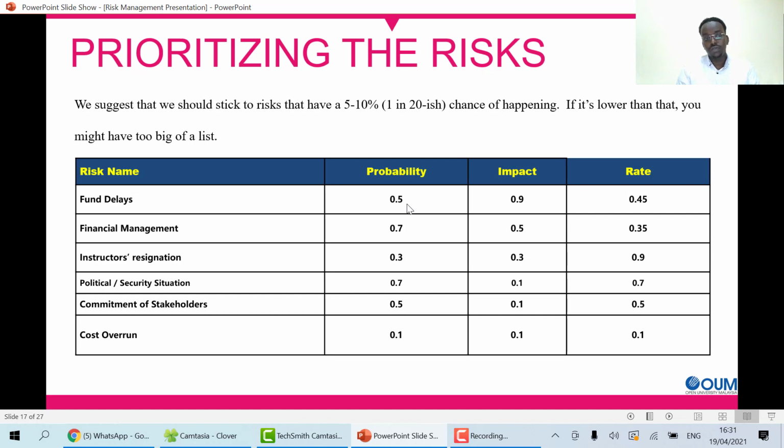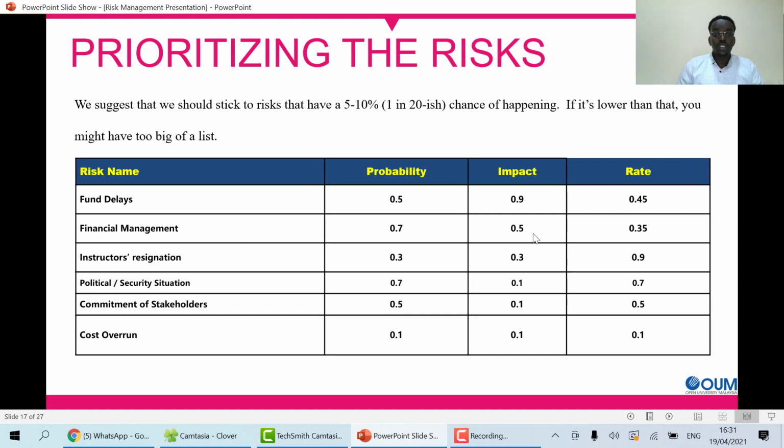That means the rate of this risk is 0.45, so it is almost likely to occur. There are other risks that may occur, but their impact or rates are very low.